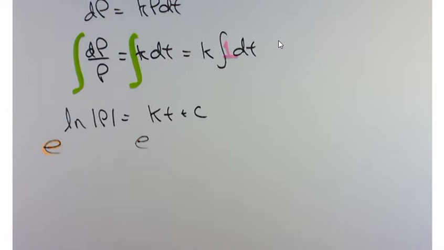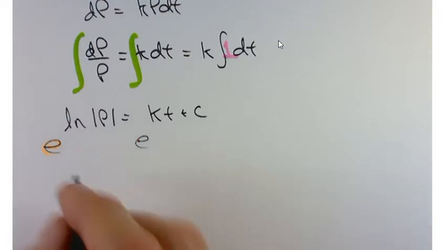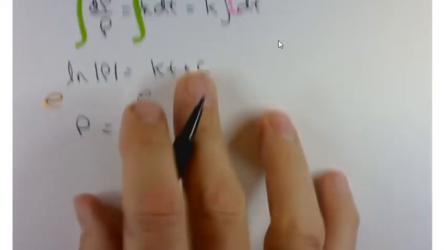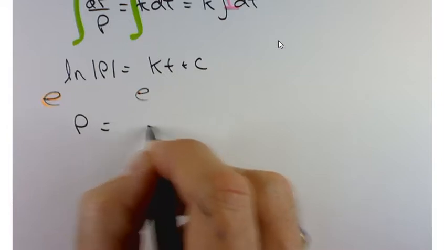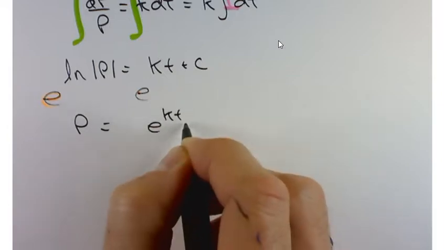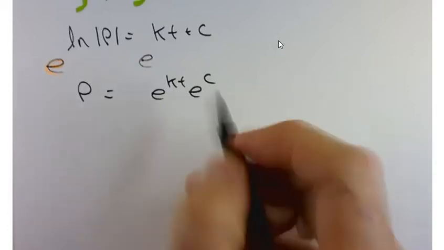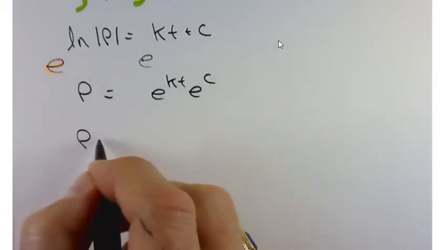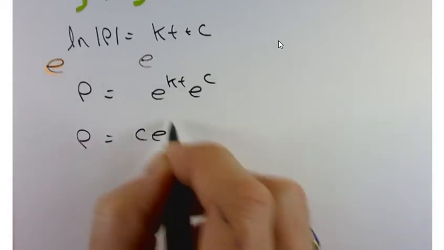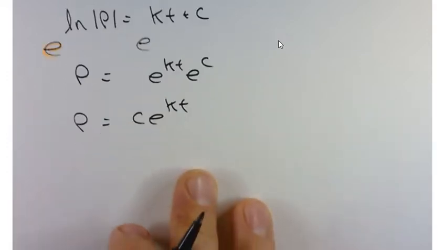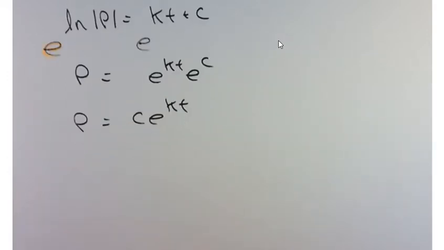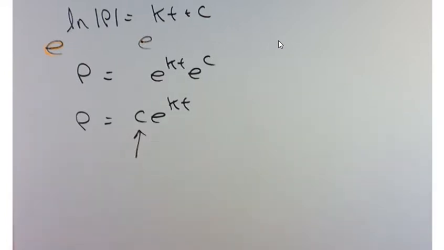Exponentiate both sides. Left-hand side, I get P. The right-hand side is going to be e to the kt times e to the c. And by now, I'm hoping we're familiar with what happens there. C e to the kt. Now what happens is that this is your initial population or your initial amount.